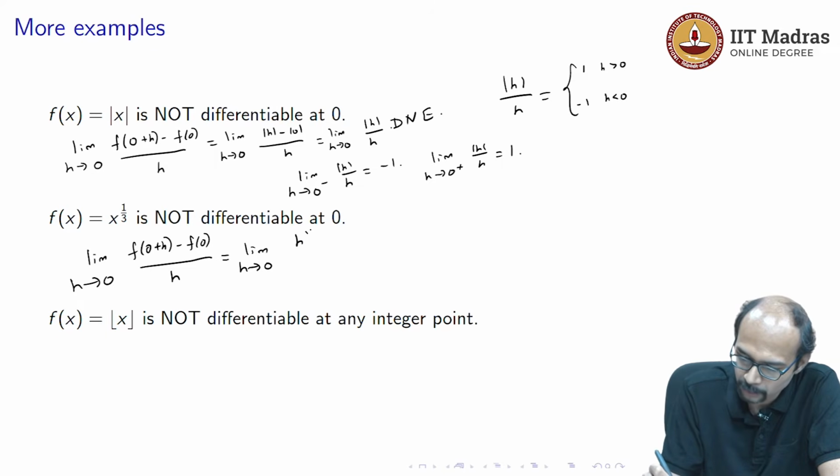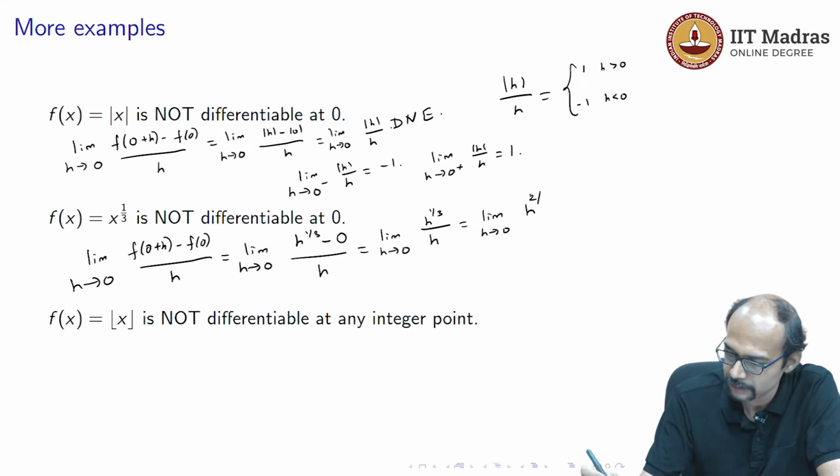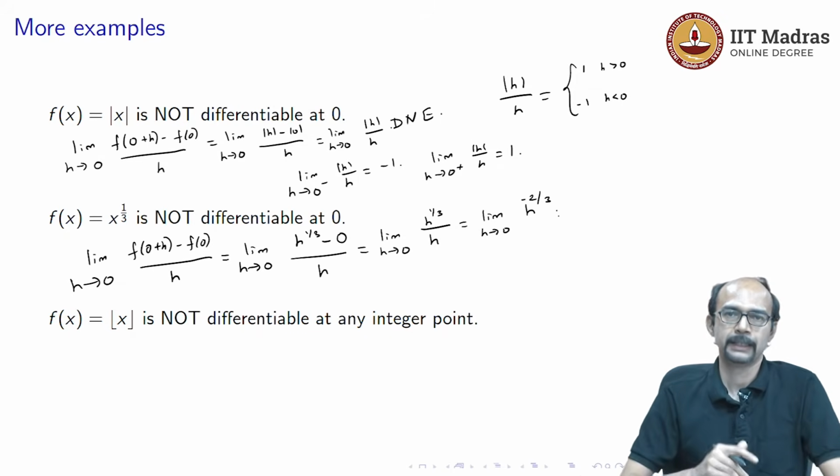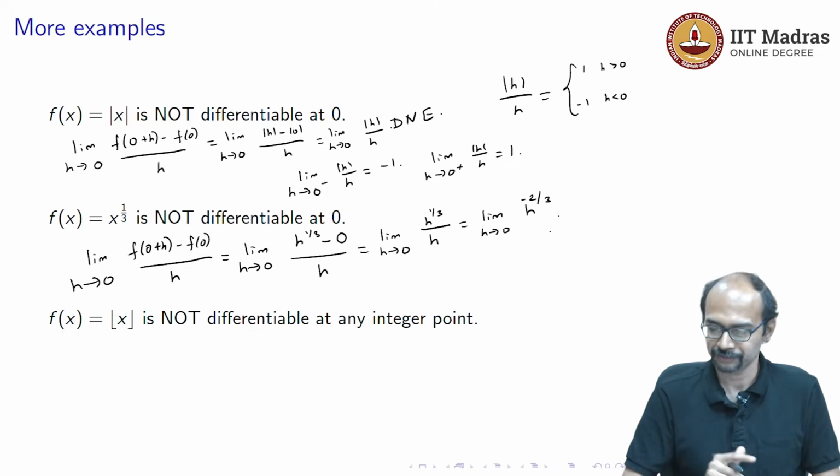This is h to the power 1/3 minus 0 to the power 1/3, which is 0, divided by h. So, this is h to the power 1/3 by h, which is h to the power minus 2/3. This is what we get.